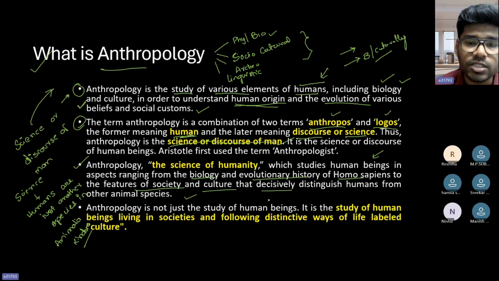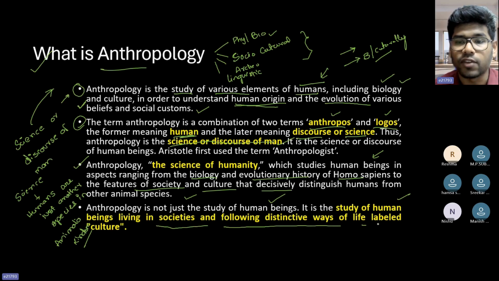It is not just the study of human beings. It is the study of human beings living in societies and following distinctive ways of life labeled as culture, right? Why are we special? We have culture. We have a distinctive way of living, and every human is different in how they conduct their social behaviors.